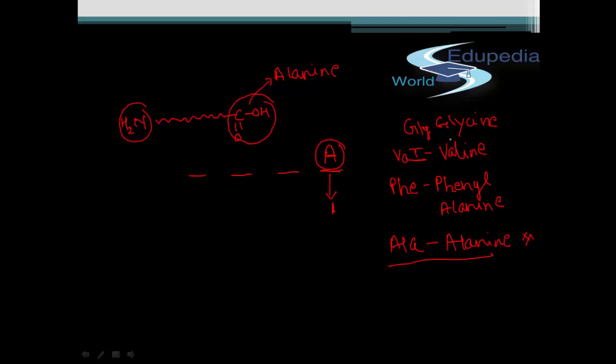Now we know that amongst the given acids, glycine is non-chiral. So glycine cannot come on this position, let me give this position the name P1. So what are the possibilities for this position? I have only 2 possibilities, that is valine or phenylalanine.